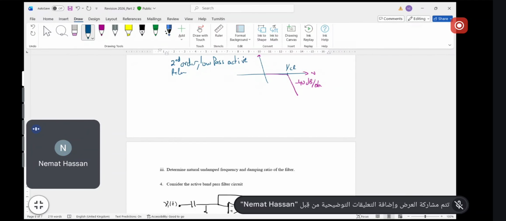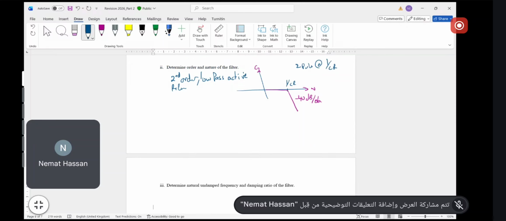So this is less about filters and more about second order systems.